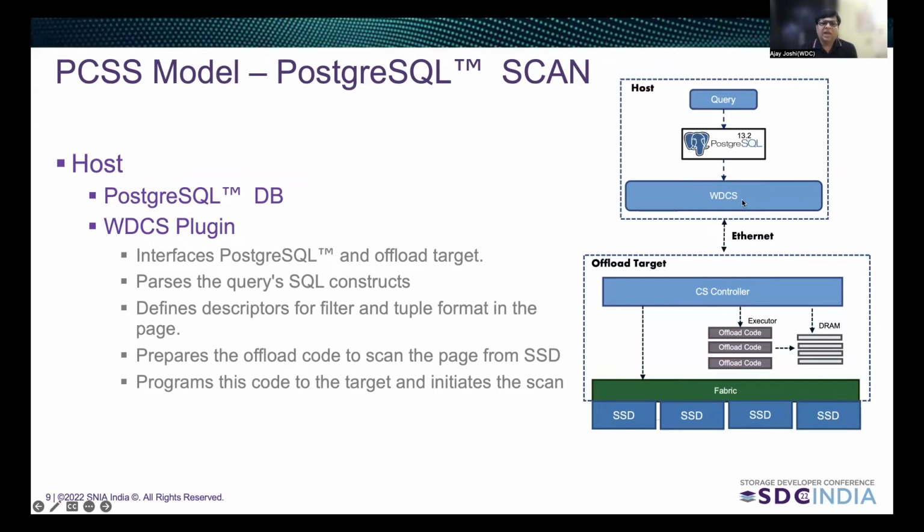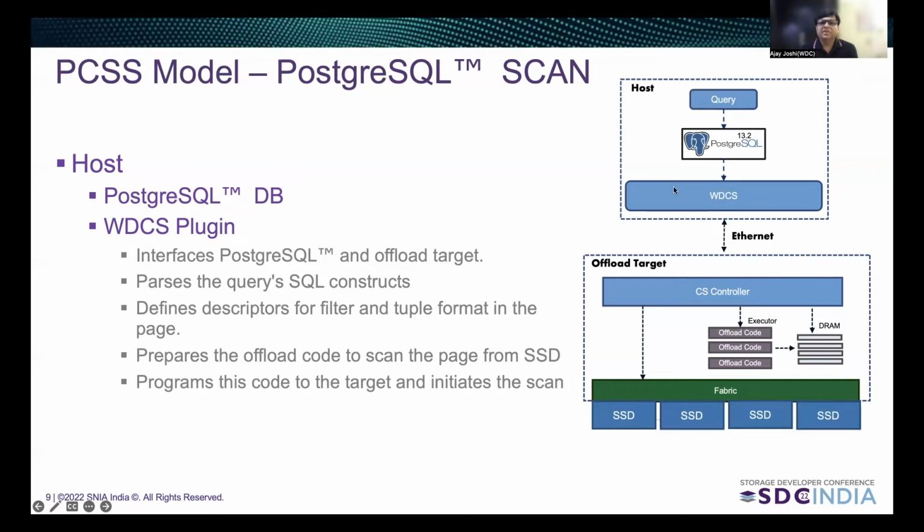It also defines what the tuple format will be. The page we saw in the previous slide has defined tuples. How are these tuples organized? What is the data content of them? What is the format of this data? All of this is understood by the WDCS plugin. It also understands from the SQL statements what we are filtering on.